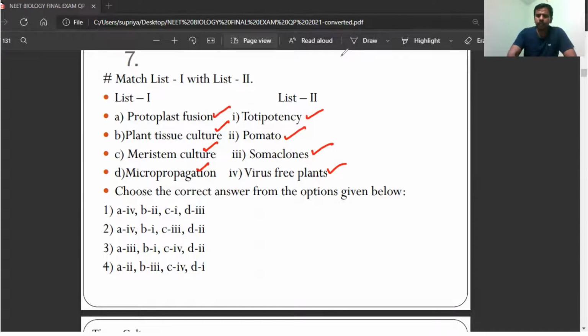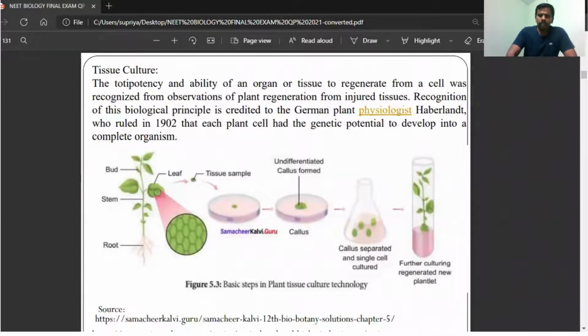Now, before going to match, we'll see the different types of terms and their explanation. Now, see, student, here in tissue culture, generally the totipotency. What is actually totipotency?